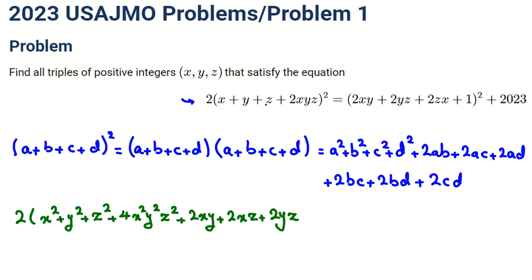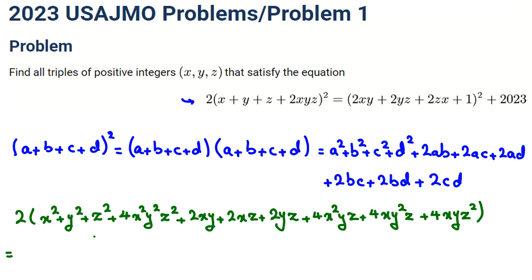We've considered this thing now. 2x times this, 2 times x times 2xyz will be 4x squared yz plus 4xy squared z plus 4xyz squared.